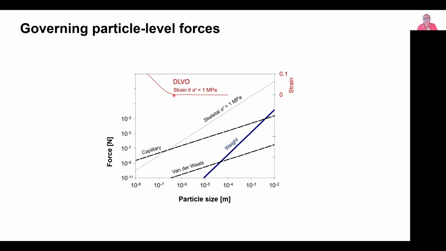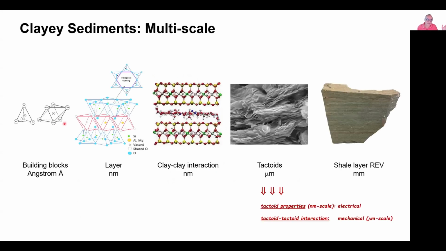And so what this is telling us is that when we go back to this multi-scale analysis, all this was electrical, but by the time we get to the tactoids, they themselves have properties that come from electrical interactions, but their interaction among tactoids now becomes a very mechanical type.